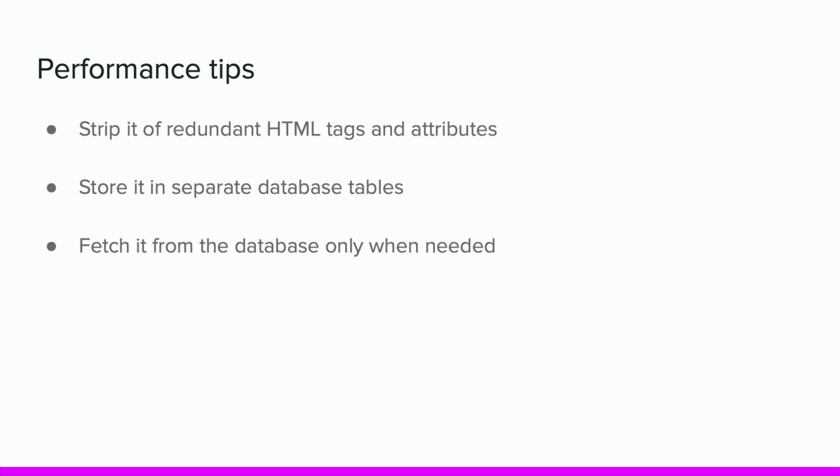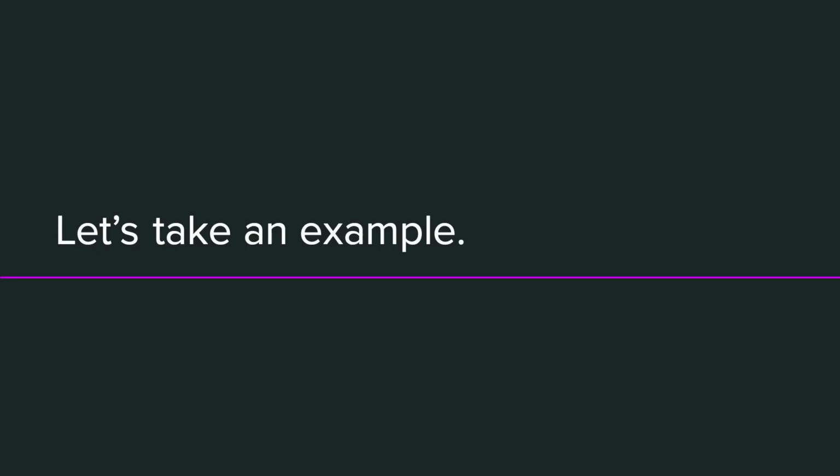Next, we can store this content in a separate database table to avoid fragmentation in our database, because if we have rows where every particular column is just a few bytes and then we have a whole blog post or a document there, this causes fragmentation in our database and it can get weird. And we should fetch this content only when we need it.